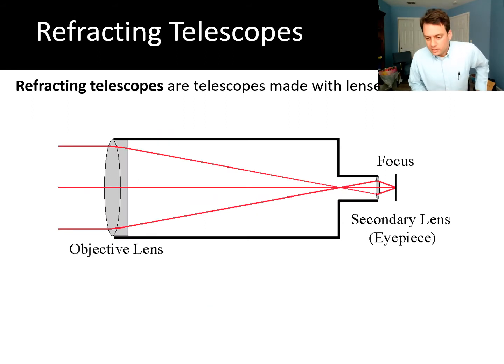So to continue with the basic attributes of a refracting telescope, and I'll say this a few times in hope that it sinks in: refracting telescopes, just by definition, are ones made with lenses. And typically, they have two different lenses in them. The first is called the objective lens, and that's the one that we've referred to so far.